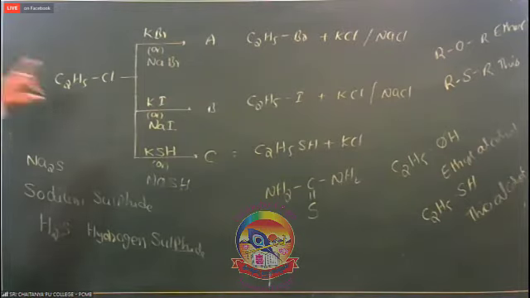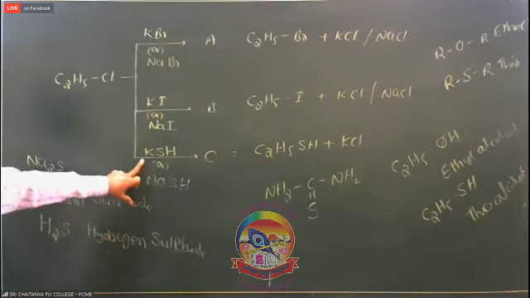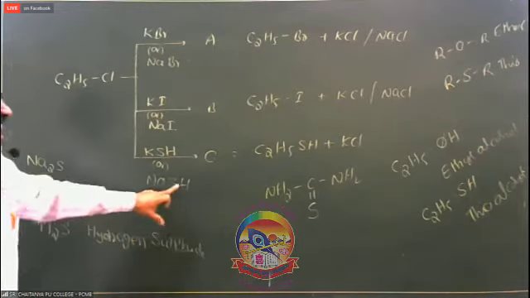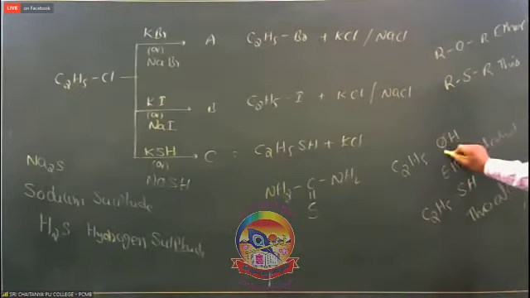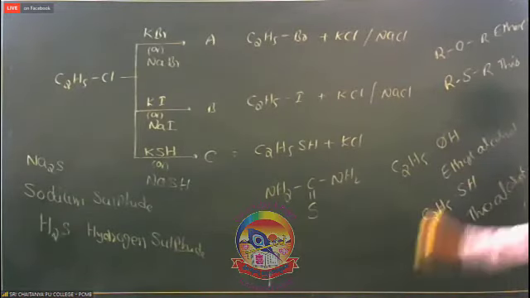Ethyl chloride reacts with potassium or sodium hydrogen sulfide and forms thioalcohol. Alcohol means OH, thioalcohol means SH.